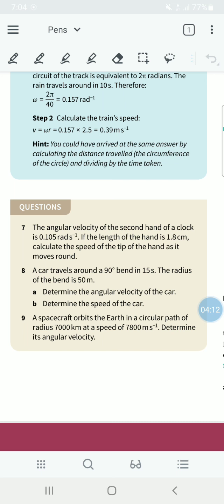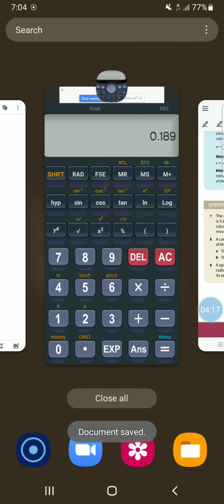So how are you going to figure out the angular velocity? Now you know the equation for angular velocity: omega equals delta theta divided by delta t.